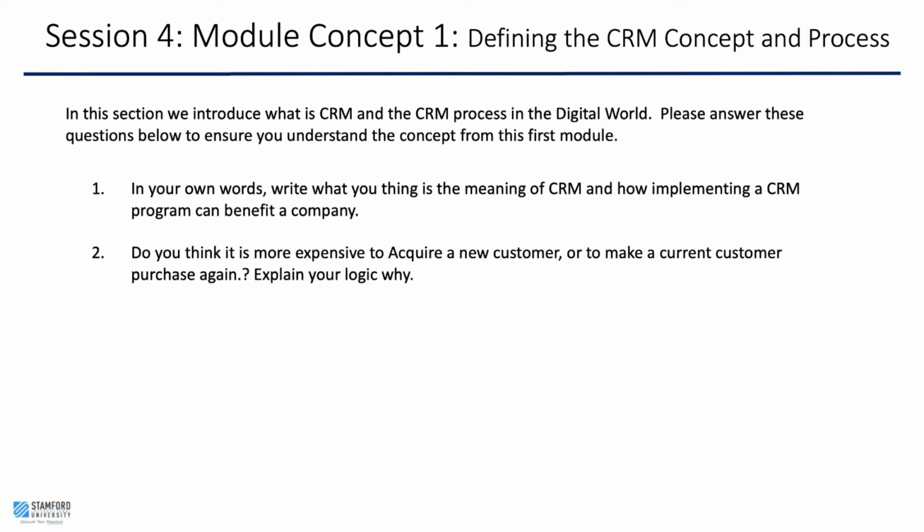And second, do you think it's more expensive to acquire a new customer or to make a current customer purchase again? And I want you to explain your logic as to why. This will really help you test your critical thinking and also really understand the concept between new customer and then repeat purchase. Like always, please download it from the assignments. You can do it in PowerPoint and then upload it back into Blackboard.